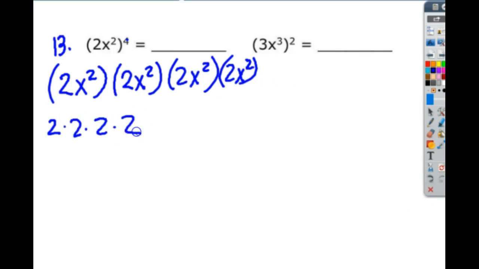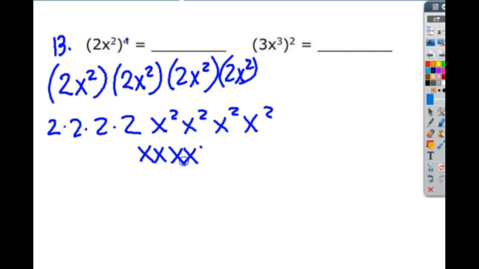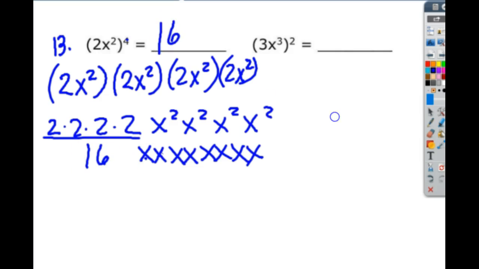So I'm going to rearrange it so my 2's are together. So what's 2 times 2 times 2 times 2? So this will be 16x to the 8th.